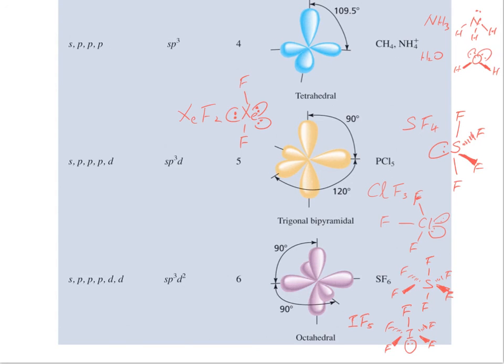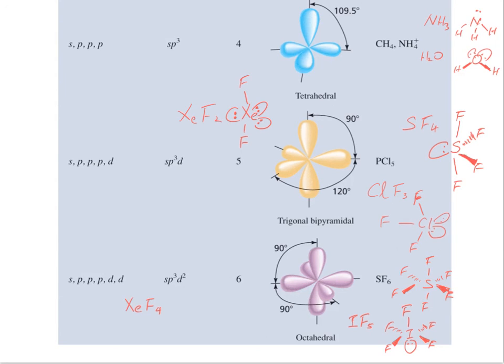The last case I'll show is xenon tetrafluoride. The Lewis structure of xenon tetrafluoride has two lone pairs on xenon, and xenon forms four sigma bonds with four fluorines.